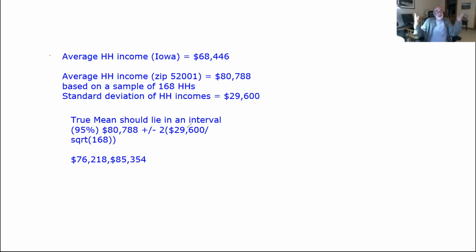And if you want to be 95% sure, go 2 standard deviations on either side. That would give you exactly this interval we constructed. It does not contain the 68,000, so we will reject the hypothesis that zip code 52001 really has the same average income as the rest of the state. Clearly, it has a higher average income than the rest of the state.